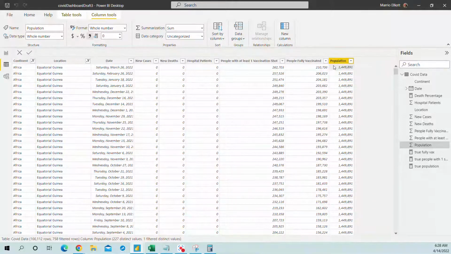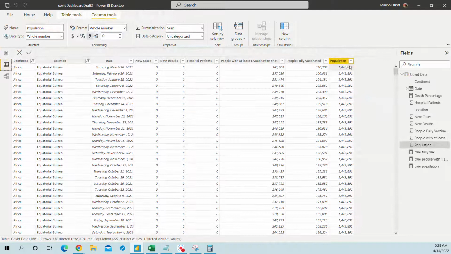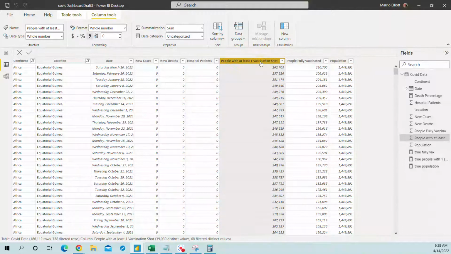So if we go to our population, we have this number that's in the trillions, and that is the same issue. It's adding the population up. What we want to do is take the max.